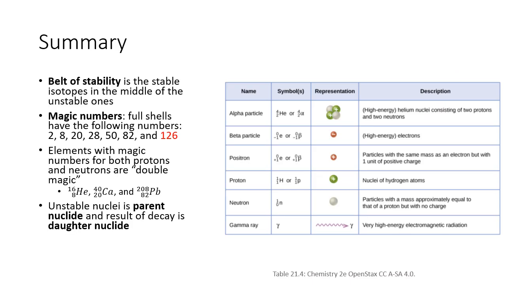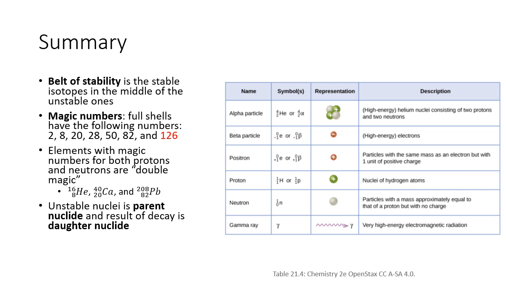To summarize, the unstable nuclei is the parent nuclide, and the result of the decay is the daughter nuclide. The belt of stability is the stable isotopes that are in the middle of the unstable ones. Magic numbers can help you predict when you have stable isotopes. They are for full shells of neutrons and protons.